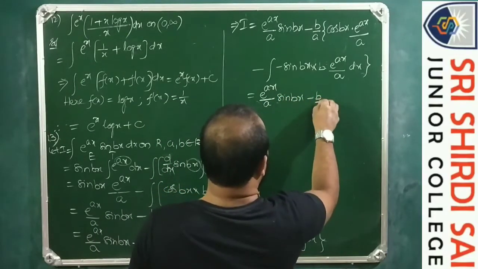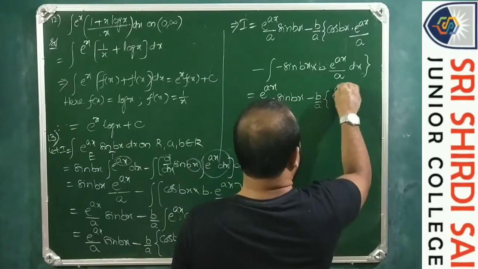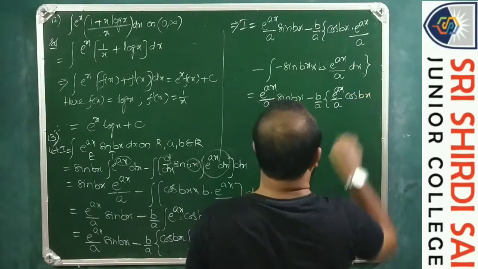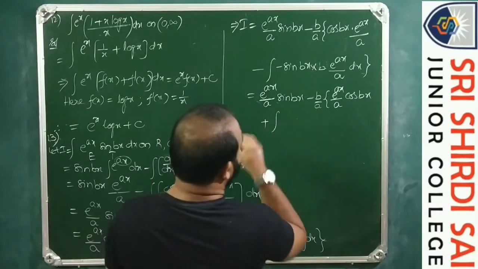So this is e power ax by a sin bx, minus b by a into e power ax by a into cos bx. So here minus into minus is plus.